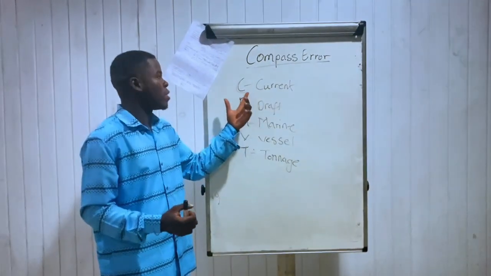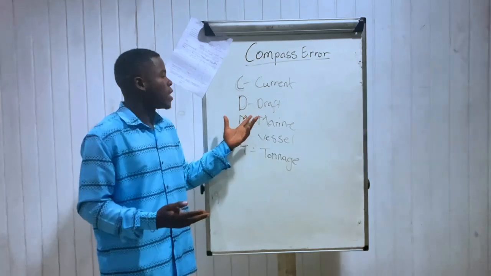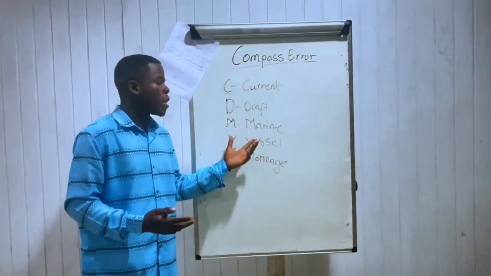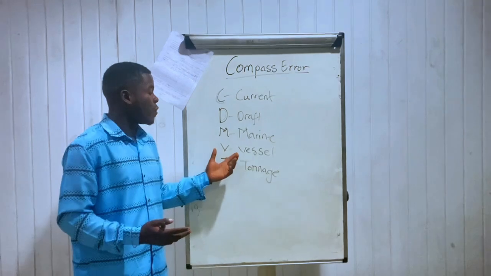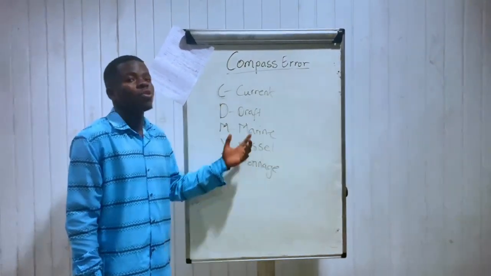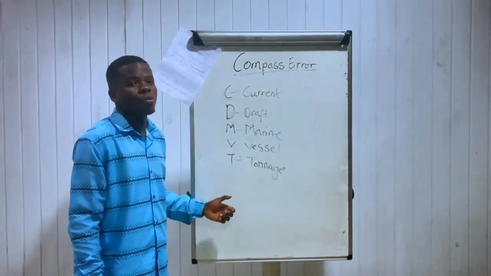If you don't remember this, your C stands for current, your D stands for draft, your M stands for marine, your V stands for vessel, and your D stands for tonnage when you are moving from compass to true.